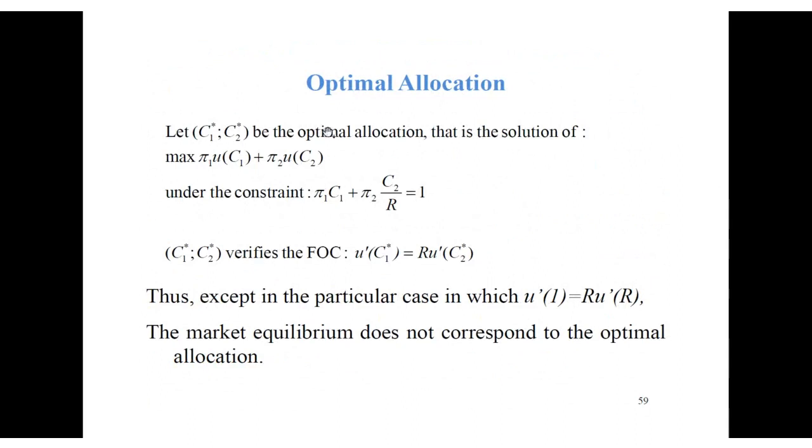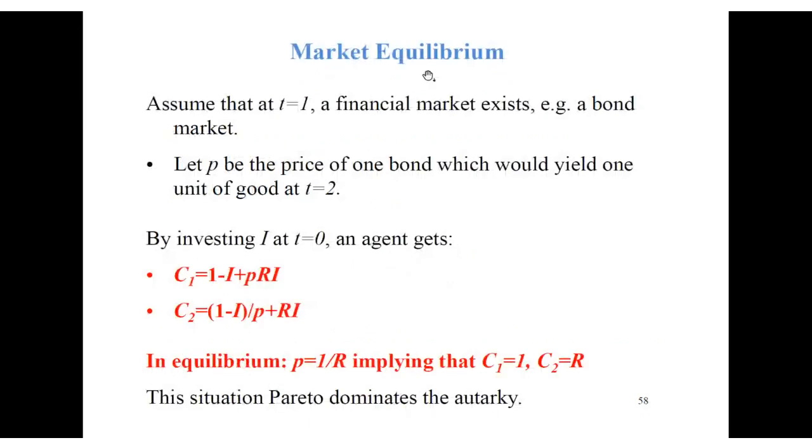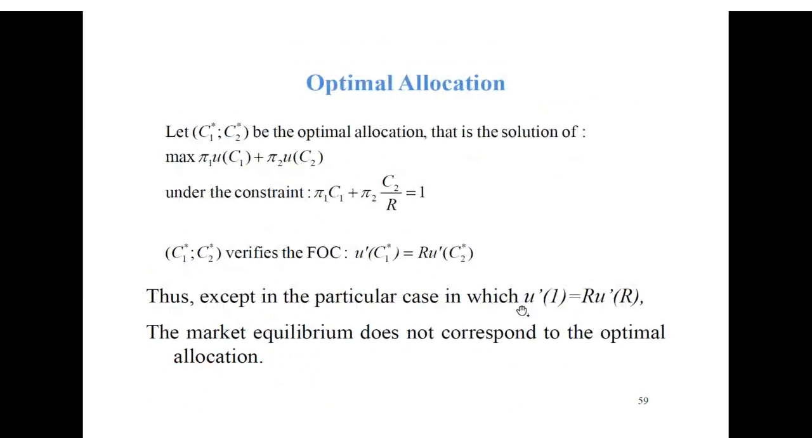So this is precisely what we were just talking about, this condition. So you remember that in the market equilibrium, we obtain C1 equals 1 and C2 equals R. So except this very particular case in which we would have this relationship, the market allocation is not actually optimal.